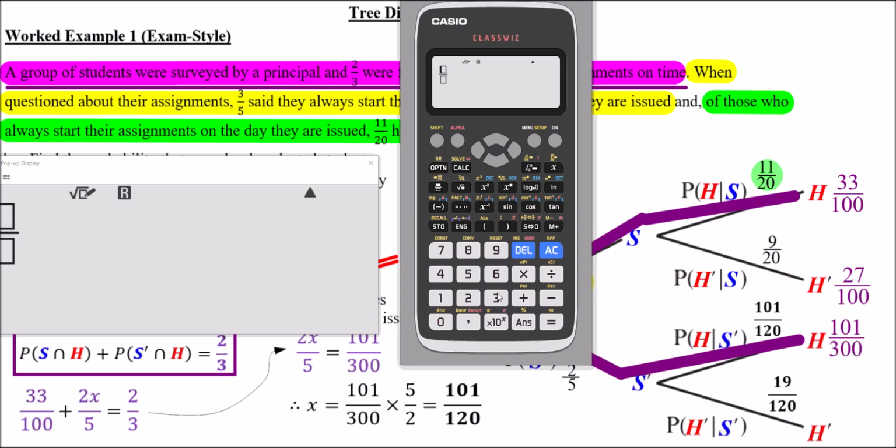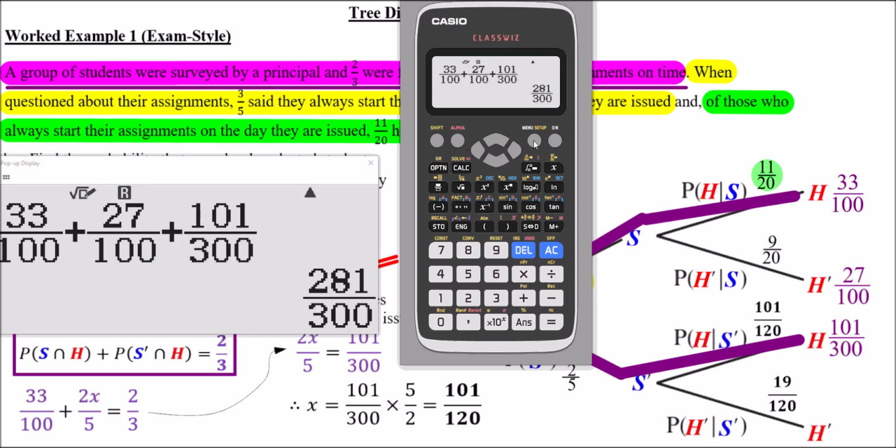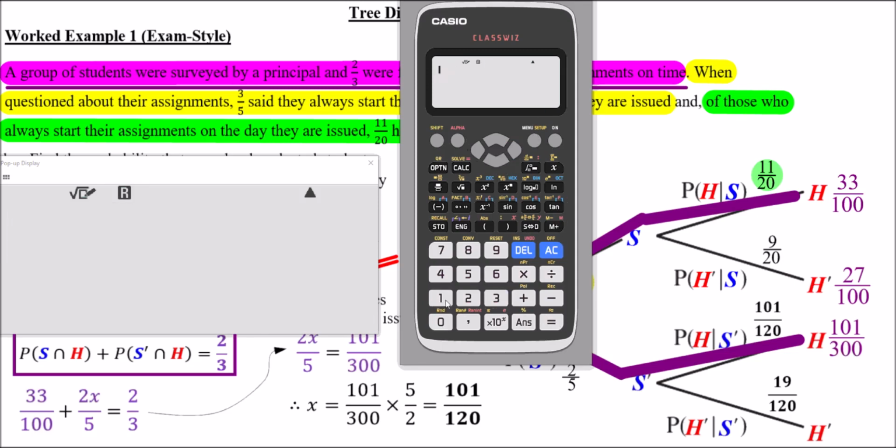So if I add together these fractions, 33 over 100 plus 27 over 100, and then plus 101 over 300, gives us 281 over 300, and then 1 subtract that value gives us 19 over 300.